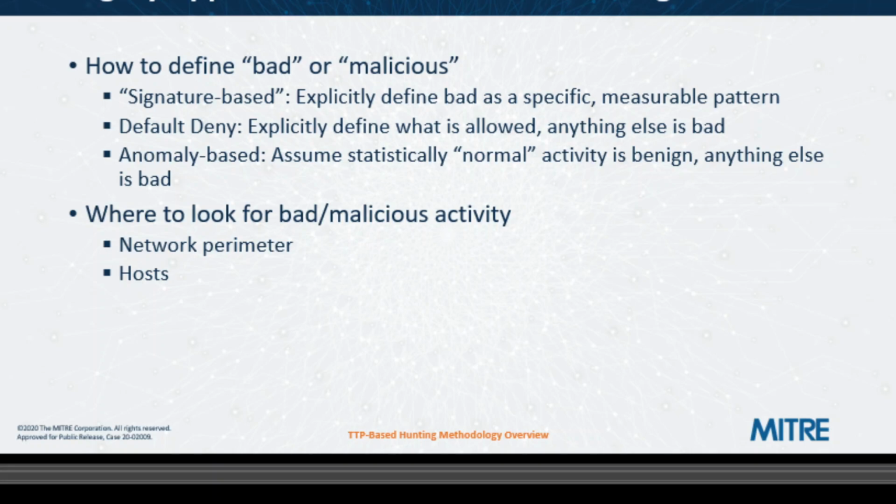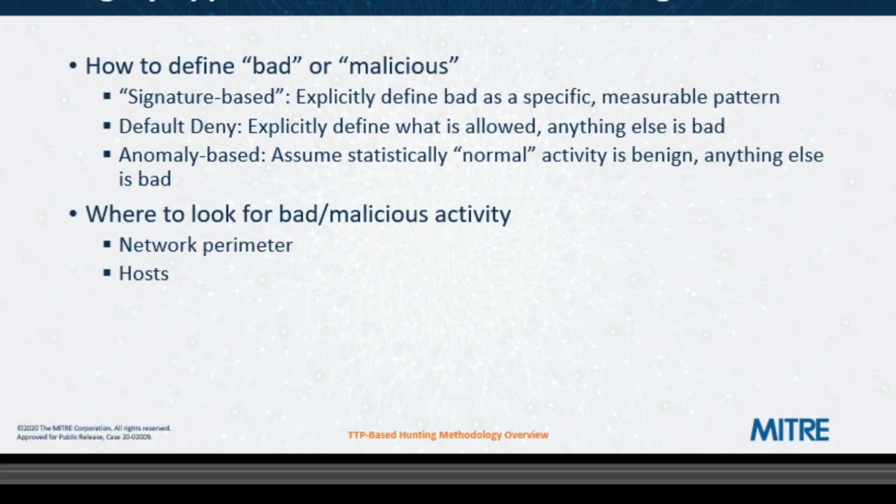That might be network traffic, it might be a list of IP addresses, it might be a list of binaries, it might be certain user activity, and look for anything that is statistically deviating from normal. And in this approach, we're then going to make the implicit assumption that anything that is anomalous is also worth investigating because it's probably malicious.